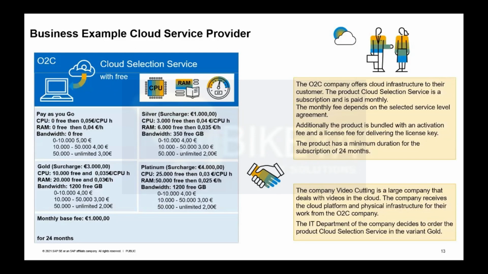Okay, and now I just want to introduce the last step, the business example that we use in the training, because this goes through all trainings to make it easier to break the example down step by step, one deeper. I use a cloud selection service. The cloud selection service has different service level options.